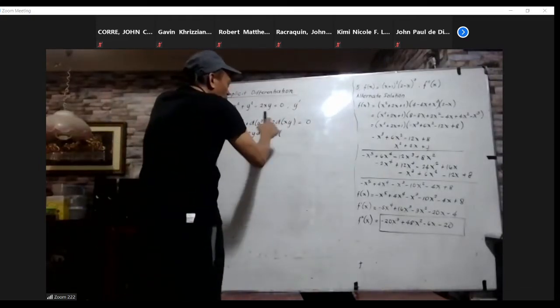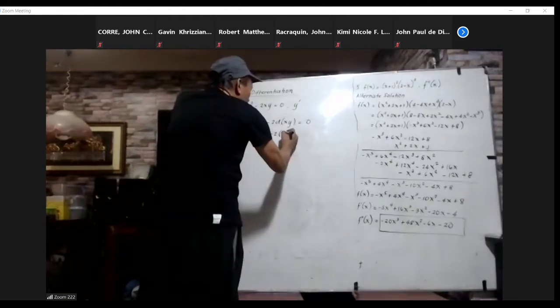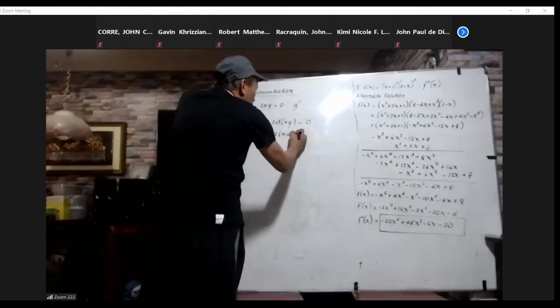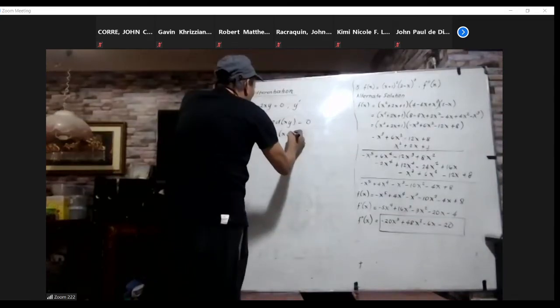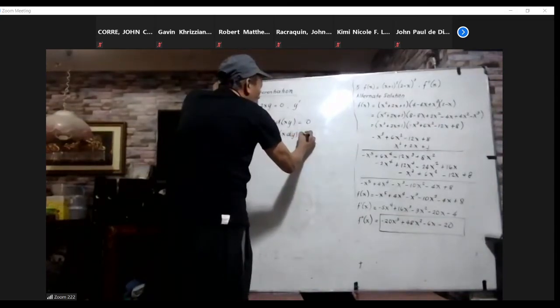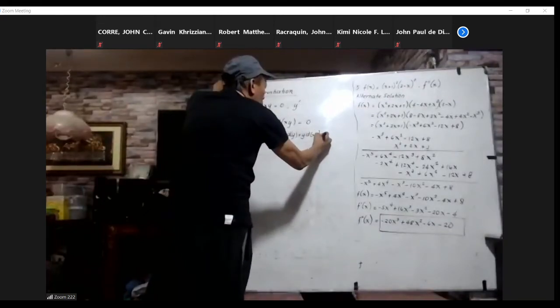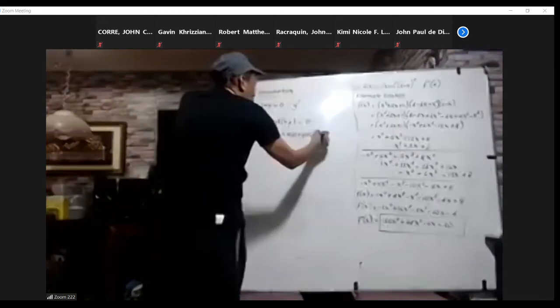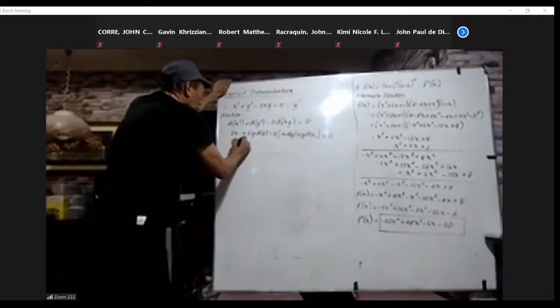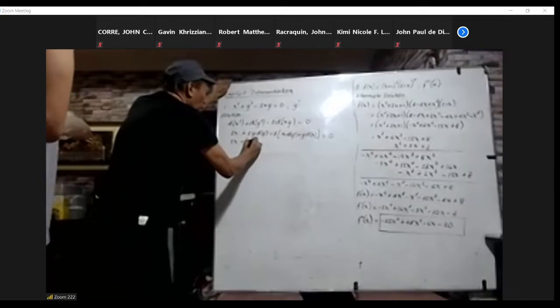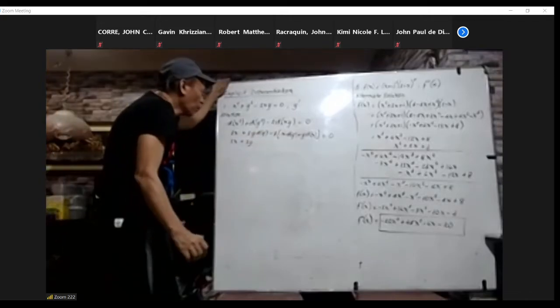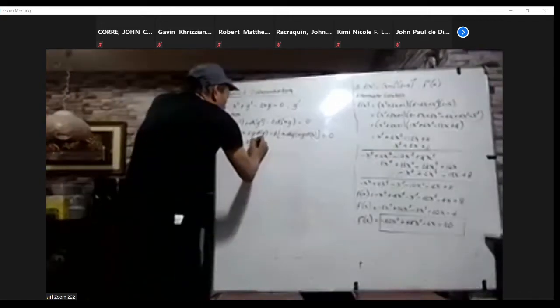Bali, u at saka v. So, x, derivative of y, plus y, derivative of x, equals 0. So ngayon, 2x plus 2y. Pero ano ang derivative of y with respect to x? Magiging y prime.